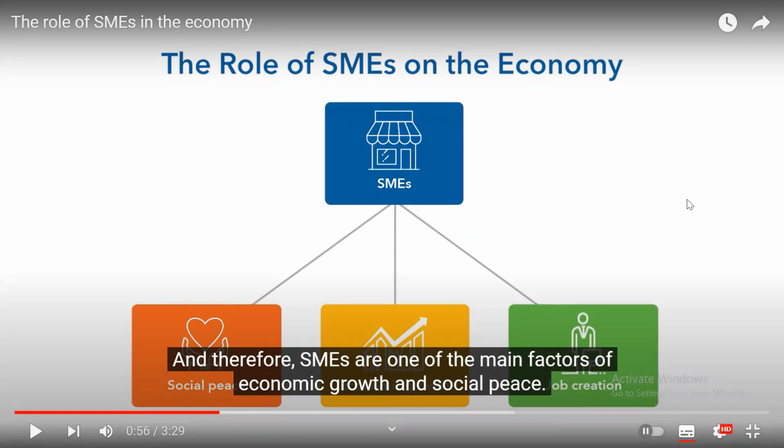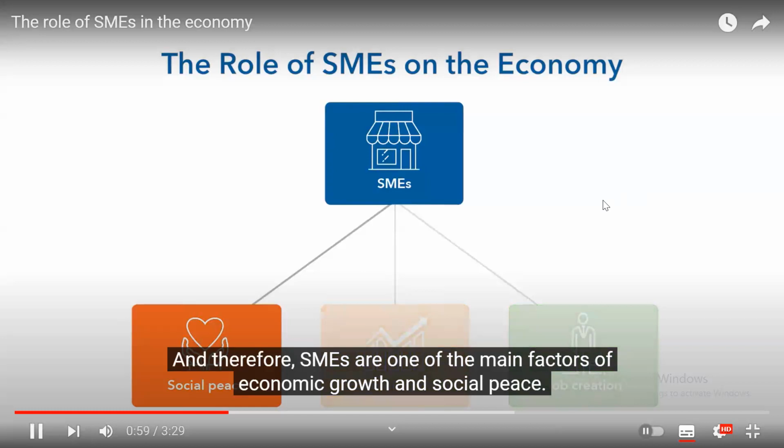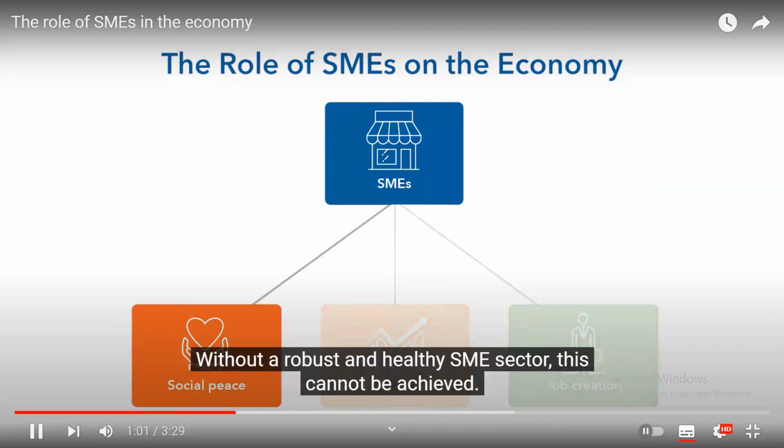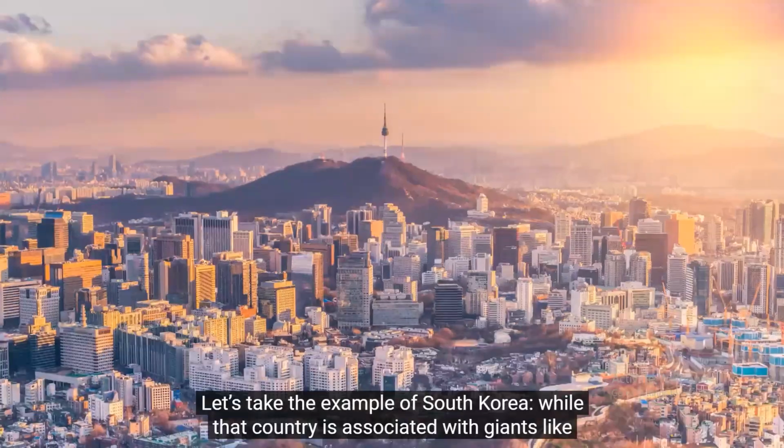First, I will be showing you this one because it gives you job creation as well as it will be bringing social peace, economic growth and social peace. Without a robust and healthy SME sector, this cannot be achieved. Let's take the example of South Korea.